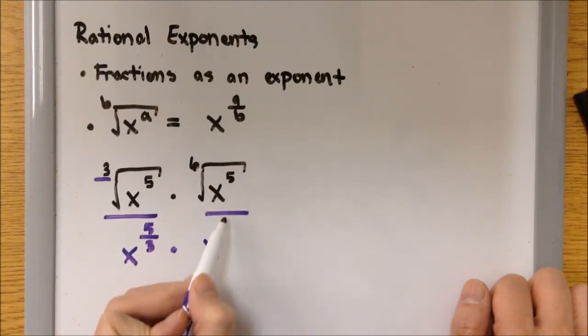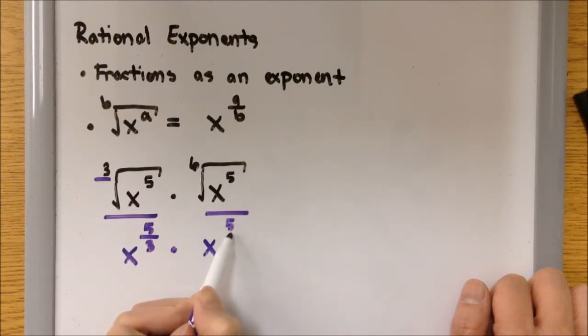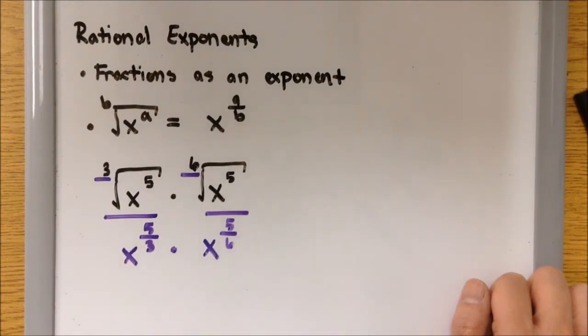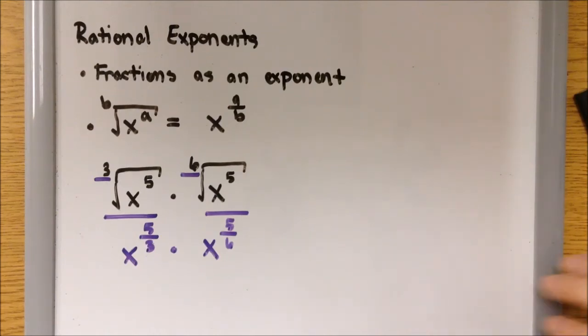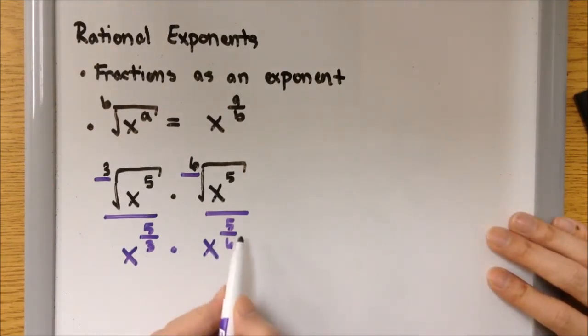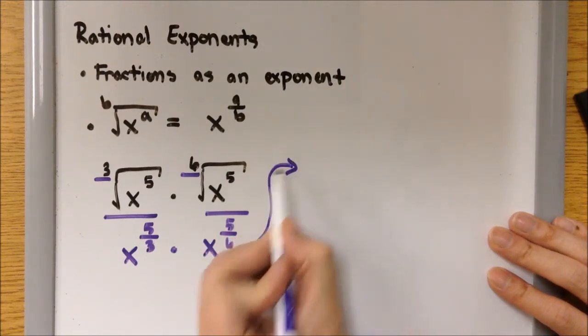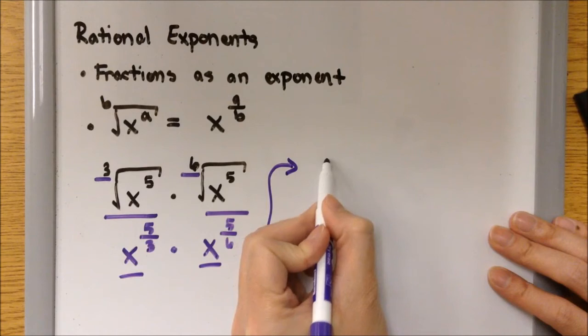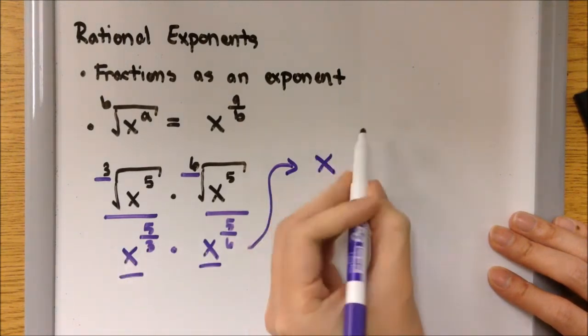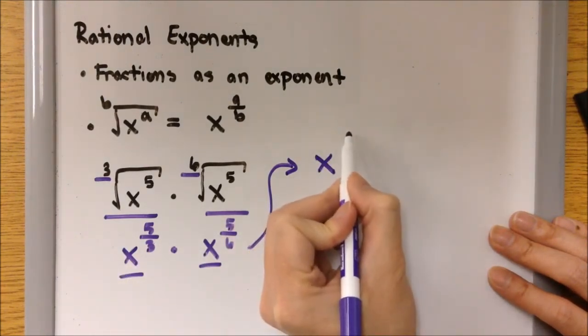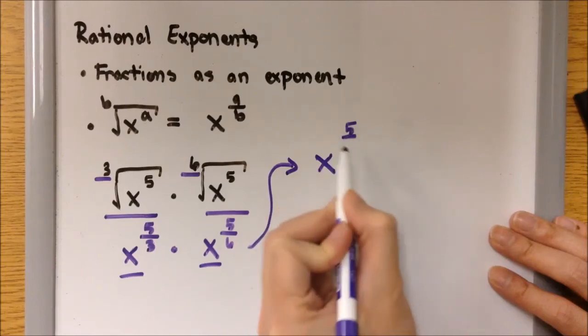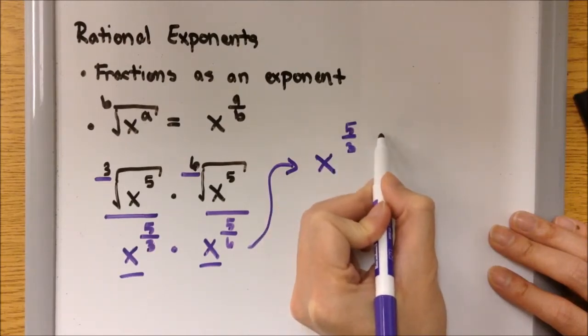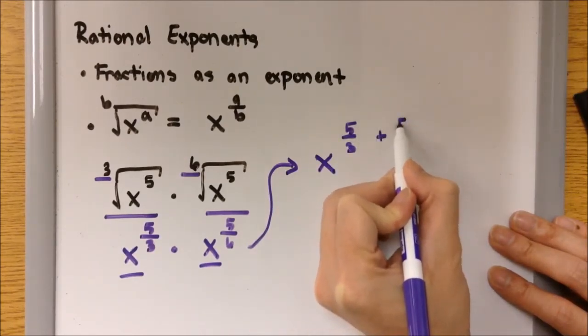What's inside will be your numerator, and then what's outside will be your denominator. So now let's rewrite it over here for more space. So since they both have the same base, we can combine as one base. So now the first exponent is 5 over 3 plus 5 over 6.